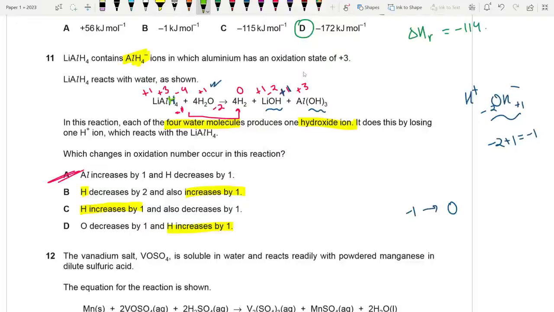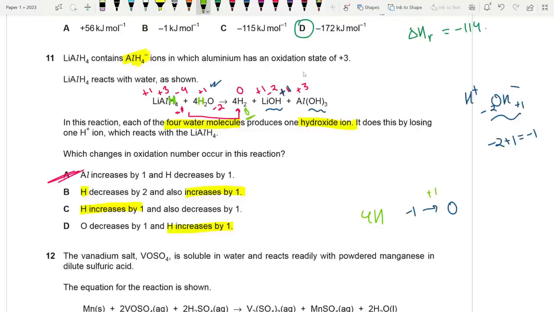We have 4 hydrogen atoms over here and 8 hydrogen atoms over here. So out of these 4 hydrogen atoms, all of them changed. 4 hydrogen atoms changed from -1 in lithium aluminum hydride to 0. So they increased by 1.